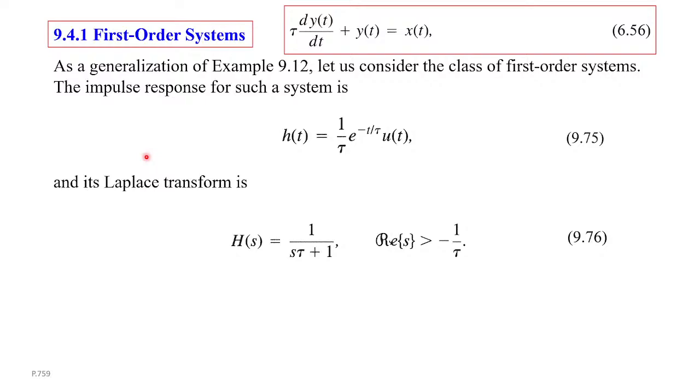Okay, so this is something actually talked about more in chapter 6. But this is the first order system, which is the system that is described by this equation. And it's very nice because it's a system that occurs in nature quite a lot, because it's a simple form, and also it's a building block for many engineering systems.